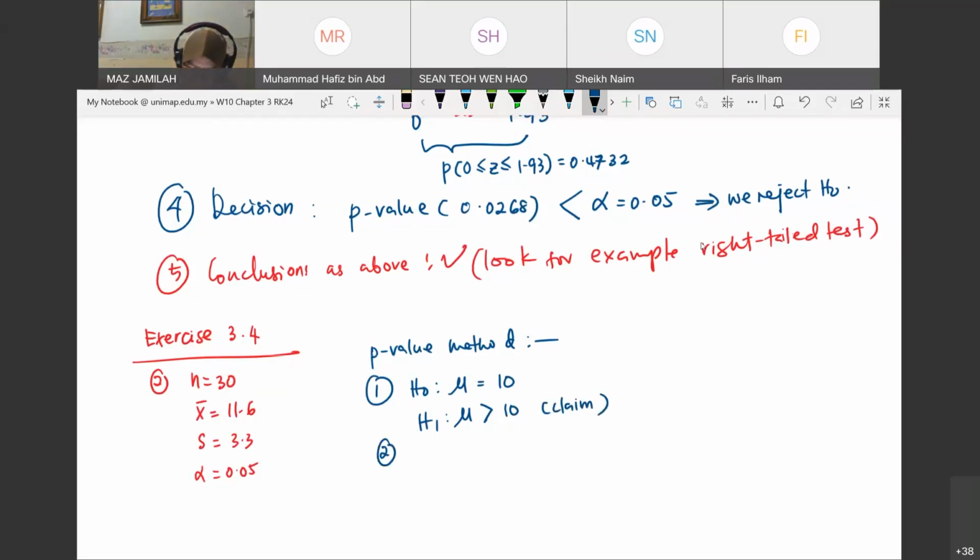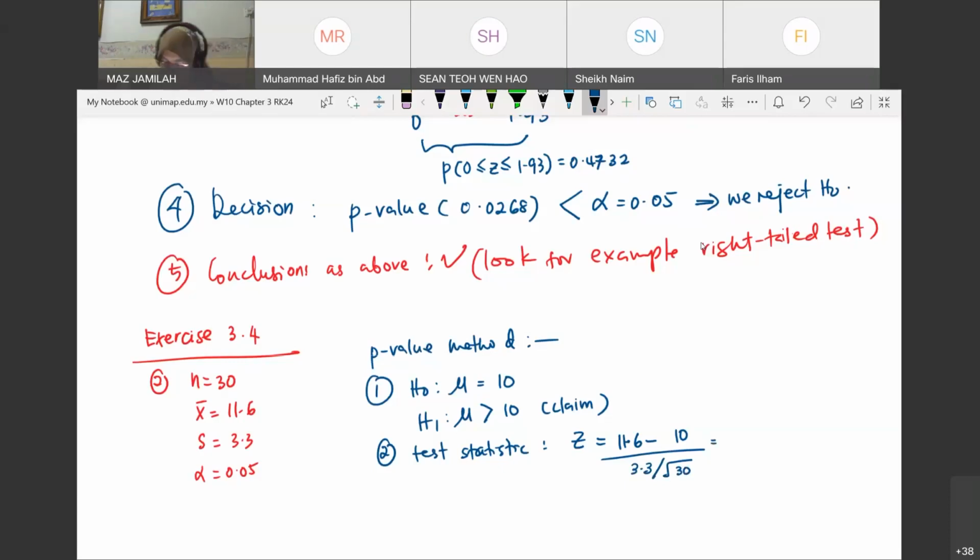Okay. So second, find the critical value. The critical value is no longer useful because we are using the p-value method. So find the test statistic. Z, because n is equal to 30, so we have the sufficient condition. We get x bar 11.6 minus mu naught, that would be 10, divided by the standard deviation 3.3 divided by square root of 30.